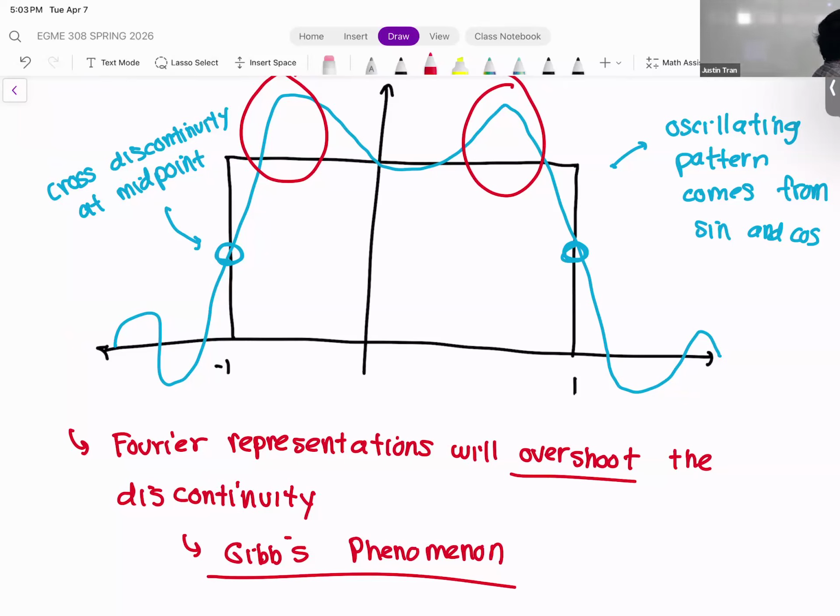Right? And it's a product of the Fourier representation using sine. Okay, good. Any questions so far on the Gibbs phenomenon?